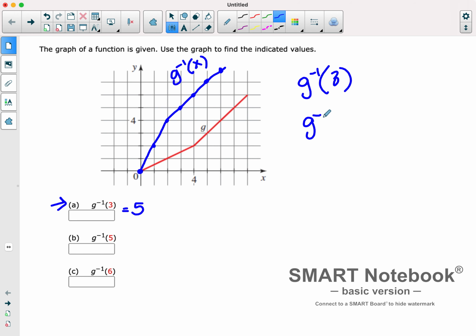I could do g inverse of 5, go to 5 on the x-axis, and go up to the inverse function. And this one would be at 7. G inverse of 6 would mean I'm going to go to 6 on the x-axis and up to 8.